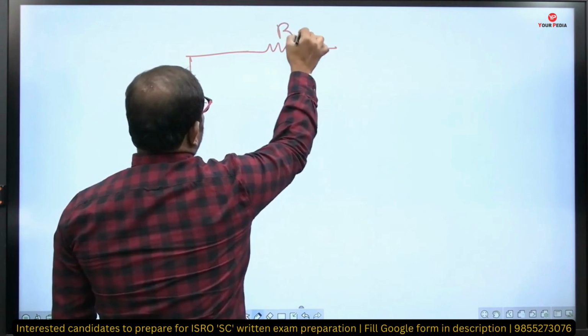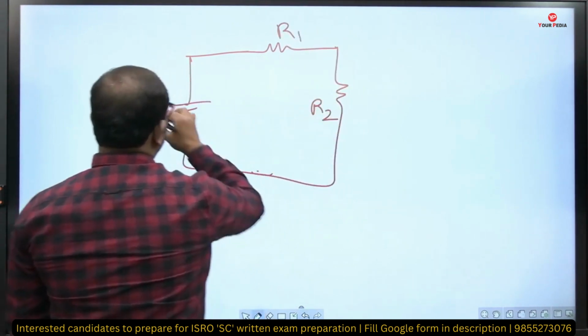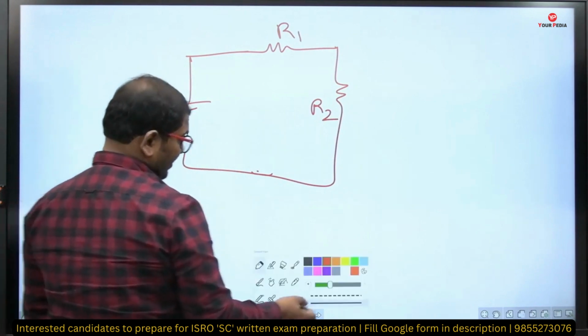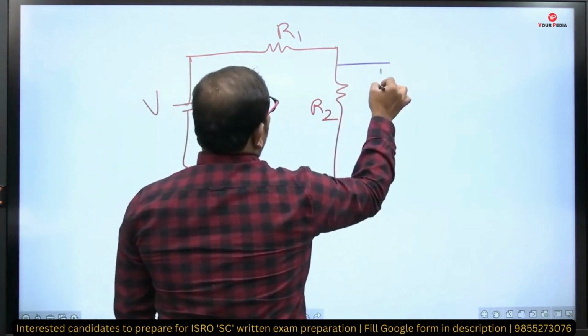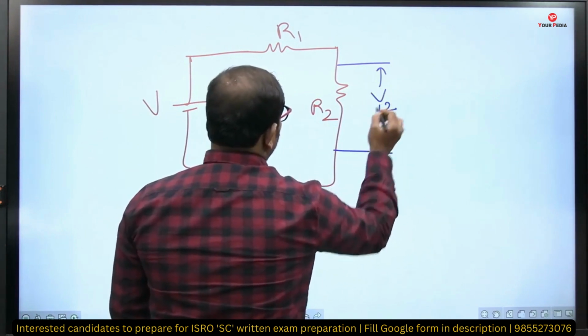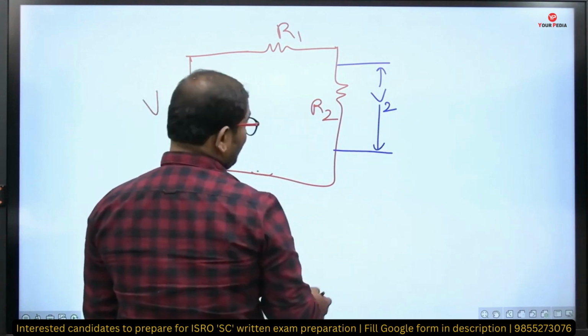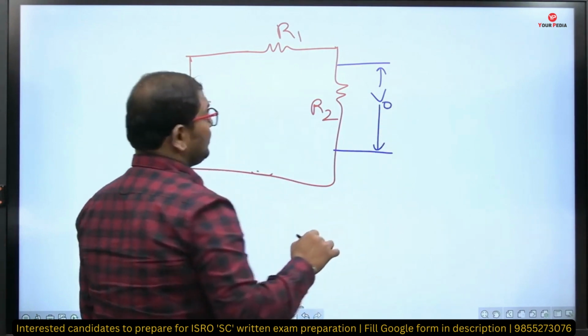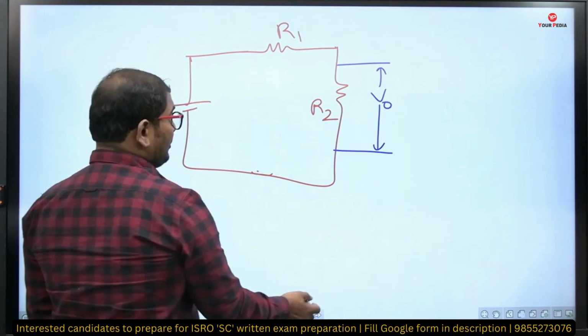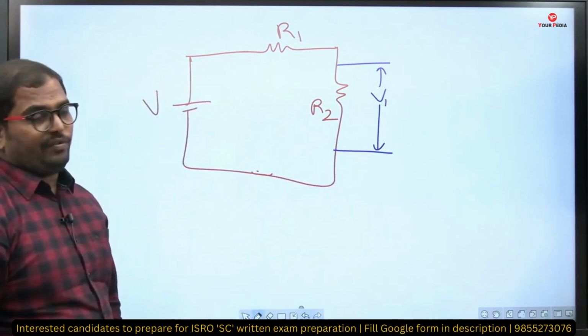One is R1, another one is R2. Let me take the source voltage as V. Now I need to find the voltage across R2, that is V2 or V0. Okay, so let me take this as V1. I need to find the value of V1.